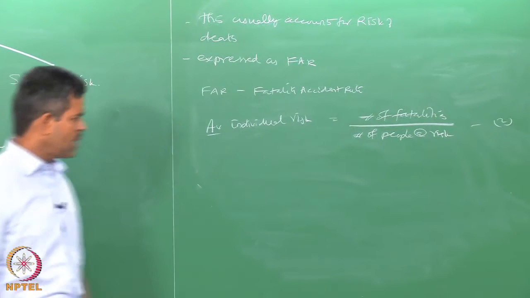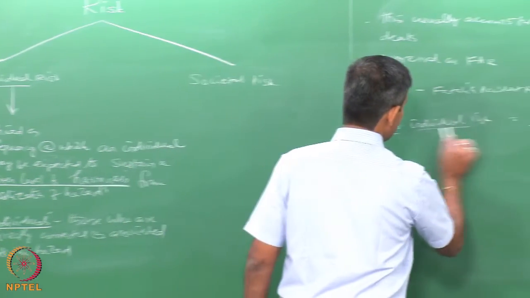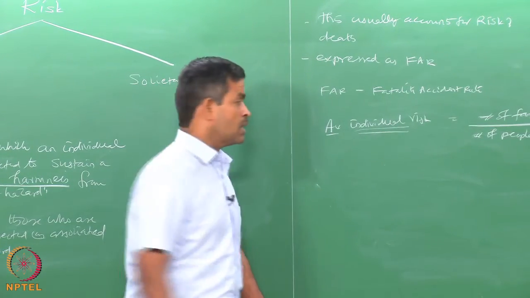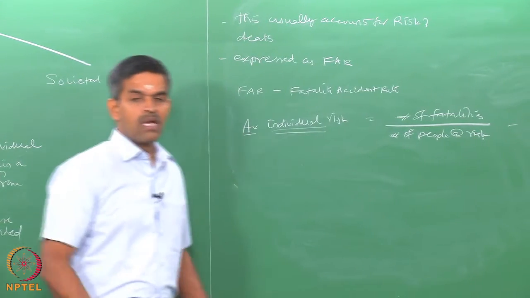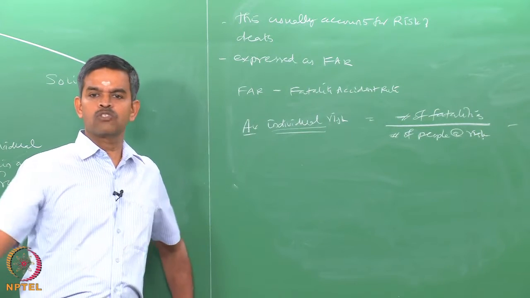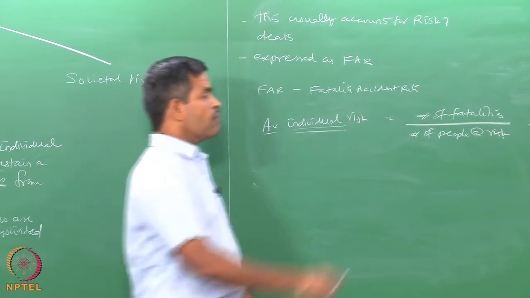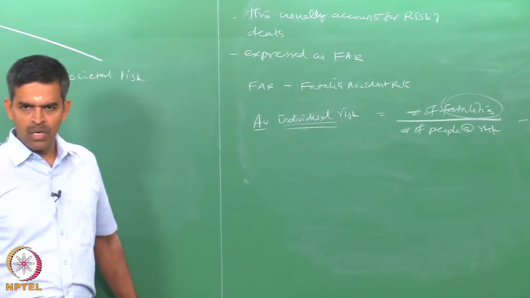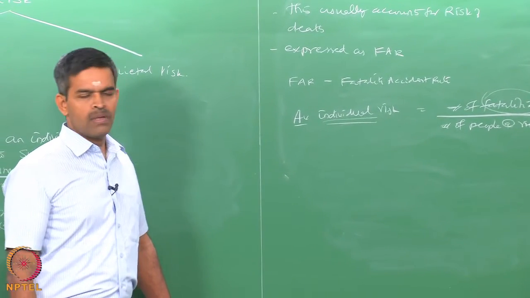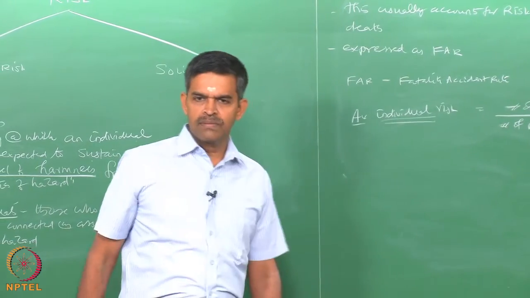Interestingly, let us pay attention to the numerator and denominator of this equation. The average individual risk accounts for the number of people who are involved, who are at risk. It means they are directly connected and associated with the hazard situation. So, people working in the industry, out of which how many people die, how many people are injured, how many people are suffering from lung infection, they are not counted in the whole mathematics.